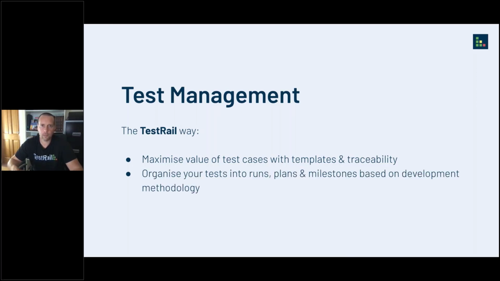We've also talked a bit about how TestRail helps and guides you in designing your test cases through the use of templates, and how you can then organize those cases for execution and subsequent reporting in runs, plans, and milestones. Creating and organizing your tests in this way is going to help you to maintain and reuse your test cases and your test runs and plans over the course of time, should you need to.